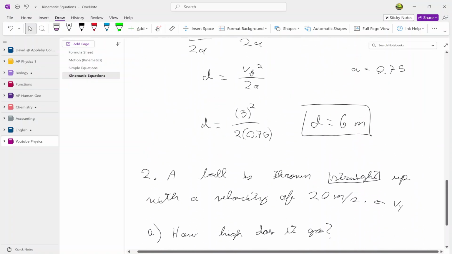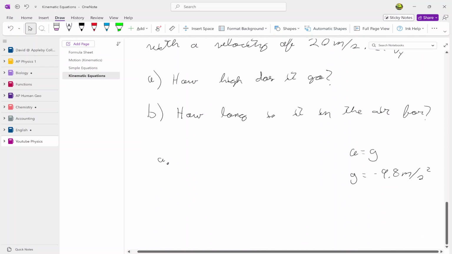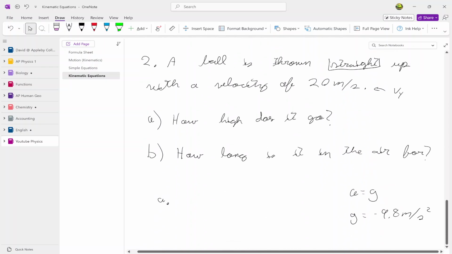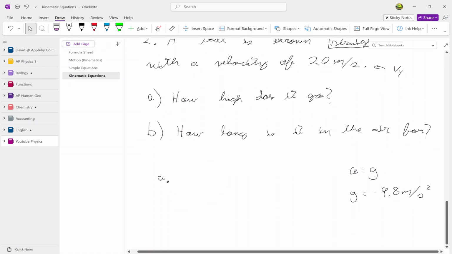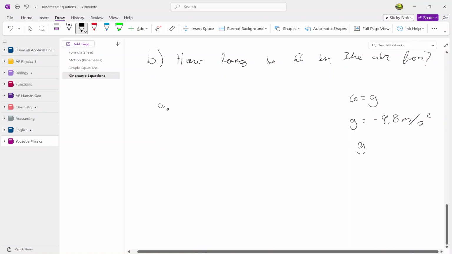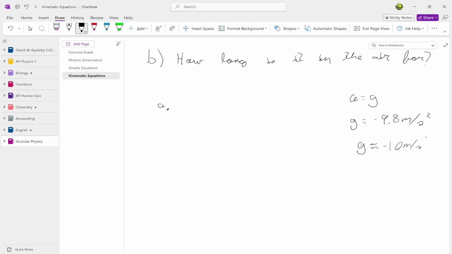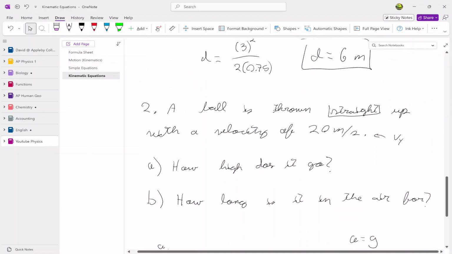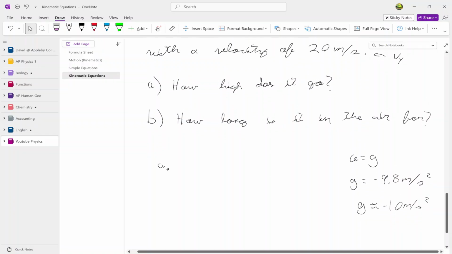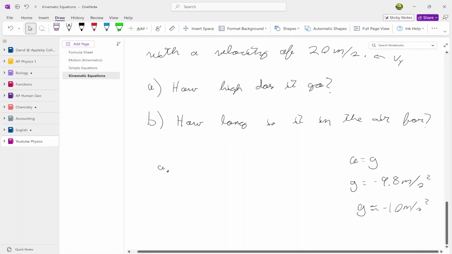It's gravity. So in this case, I was thinking about doing it without math, but basically you can estimate gravity to around 10. So with a velocity of 20 meters per second, gravity brings it down by 10 every second.